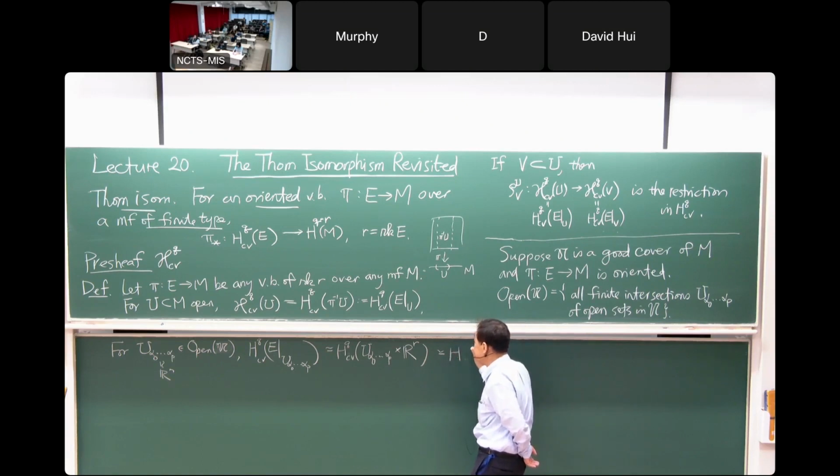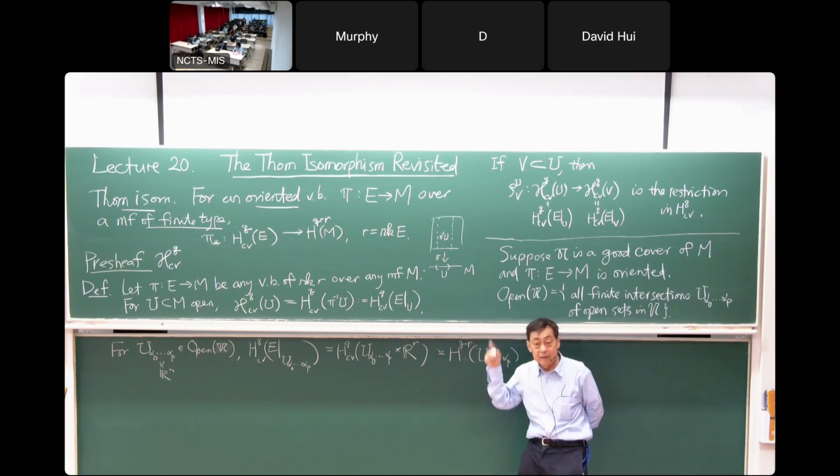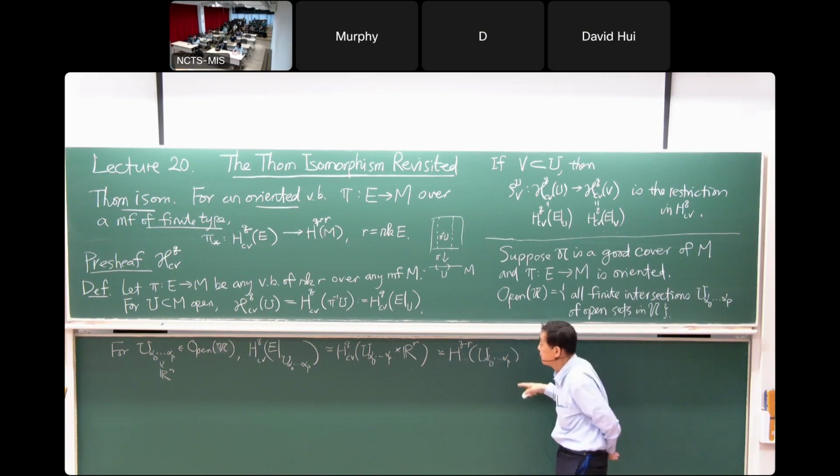Yeah, it's the cohomology downstairs. But you lower the degree by R, because again, it's given by integration along the fiber.